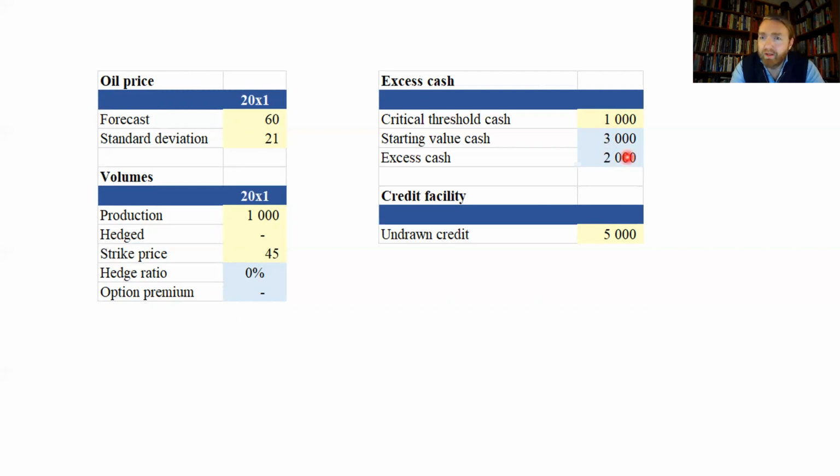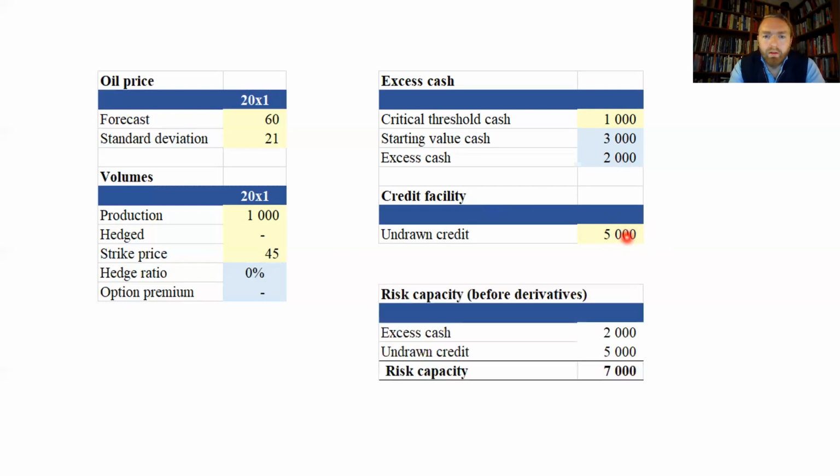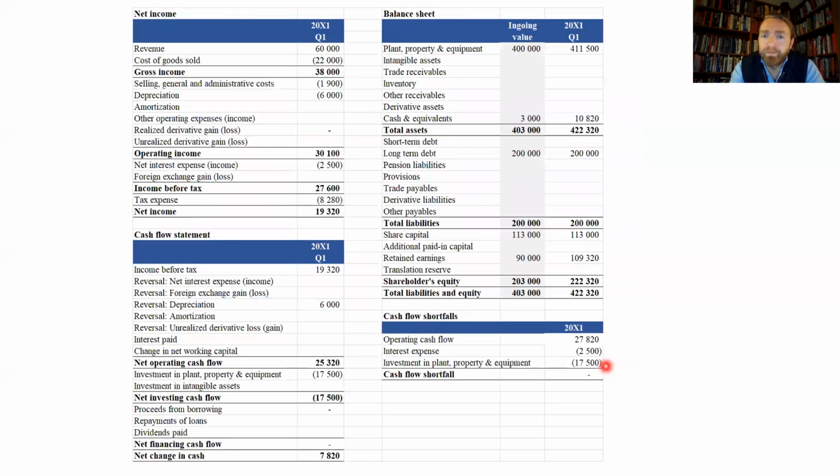This is readily available to finance shortfalls. We can draw down that excess cash if need be. We also have negotiated a credit facility, and we have secured or verified that it will be available even in adverse scenarios, so that the bank won't retract on that. So before derivatives, we do have some risk capacity in place to the tune of 7 million here, helping us absorb any potential cash flow shortfalls.